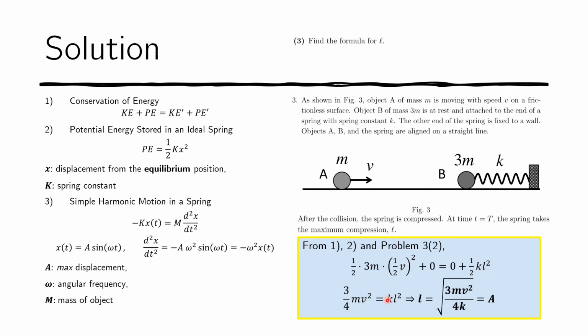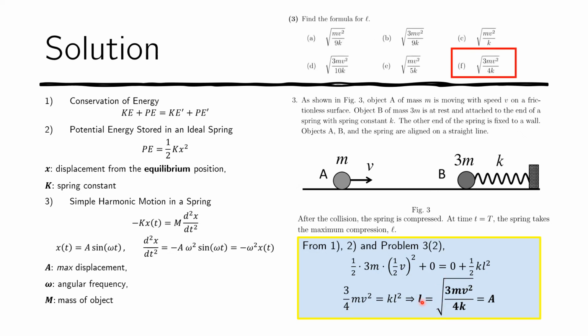And on the other side, we have L squared and k. And we just move the k down, and now we get the square root. And of course, this gives us our L. And therefore, from the choices, this is the answer. And we also note that this is the A here in our equation for the simple harmonic motion.